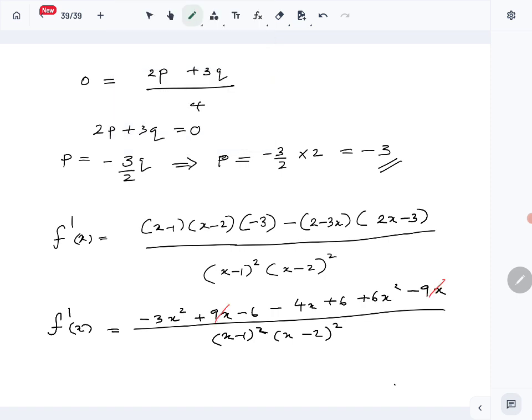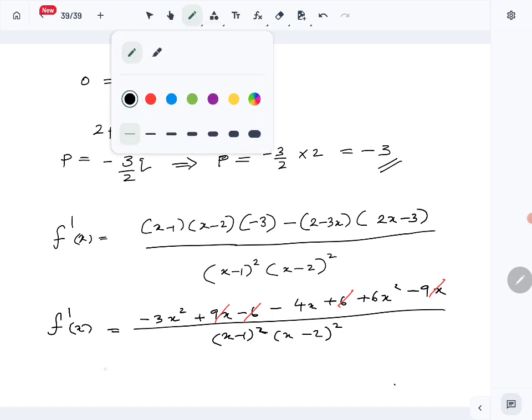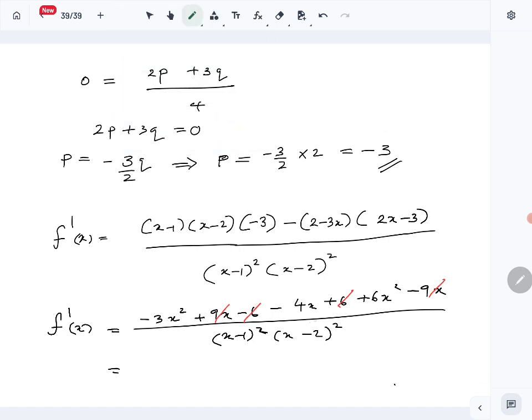Minus 9x plus 9x, plus 6 minus 6, and we are left with what? We are left with plus 3x squared and minus 4x over (x minus 1) squared, (x minus 2) squared.